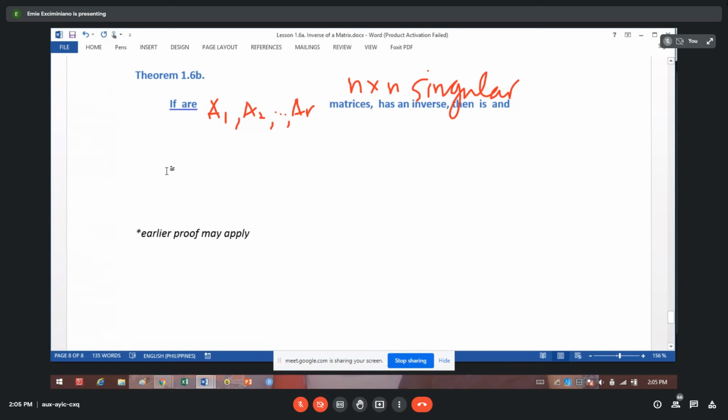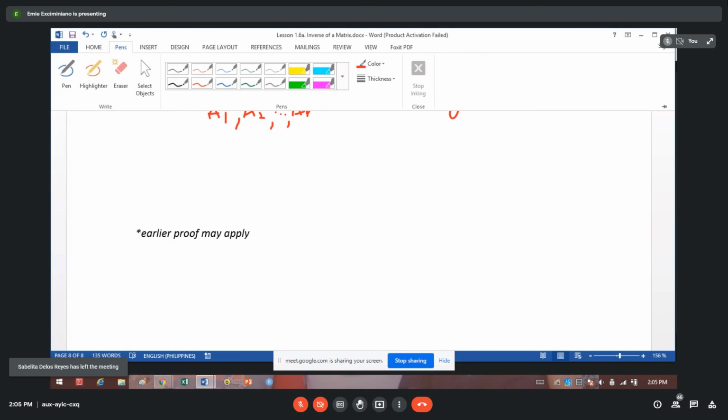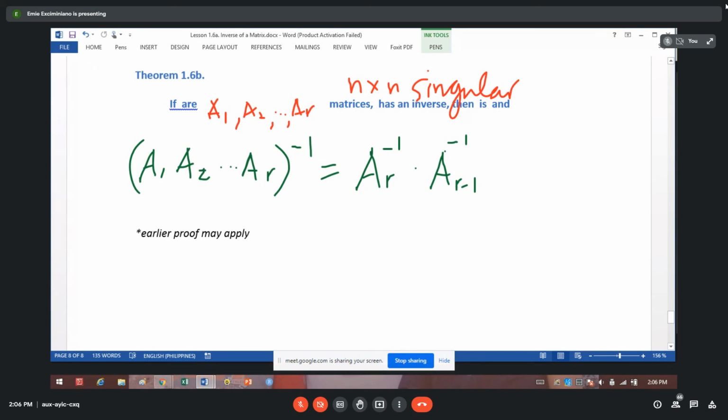If we want to take A1 times A2 up to AR, tapos kinuha yung inverse of their product, then that would be equal to AR raised to negative 1, or inverse of AR, times the inverse of A sub R minus 1, up to A sub 1 raised to negative 1.